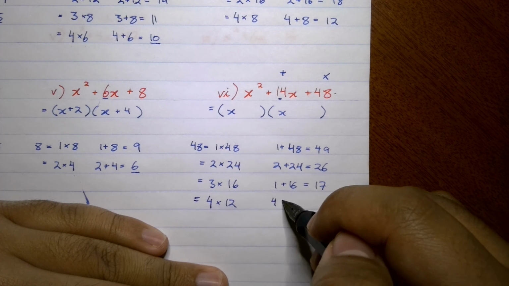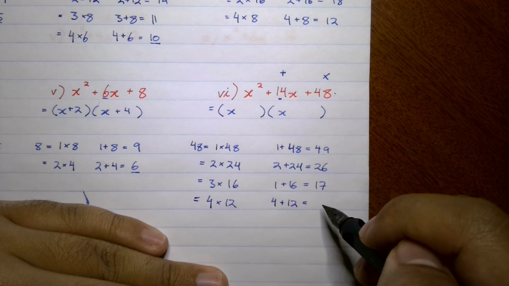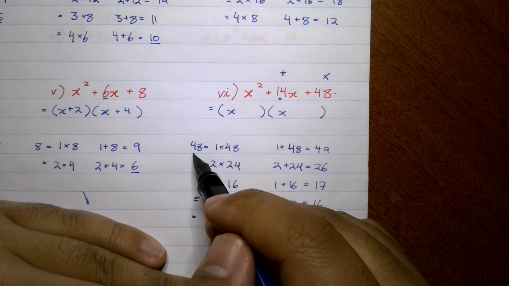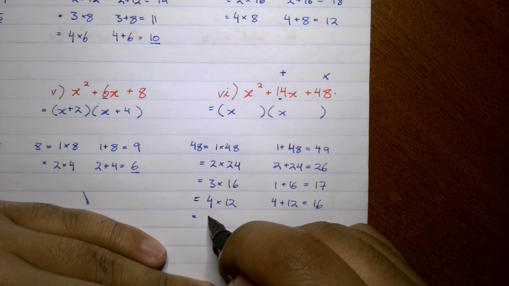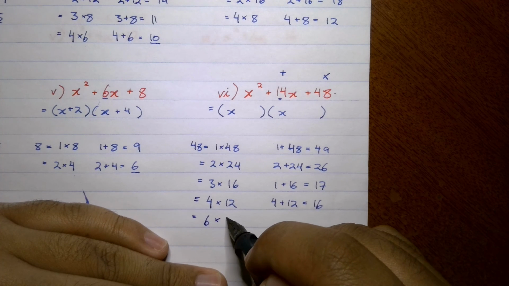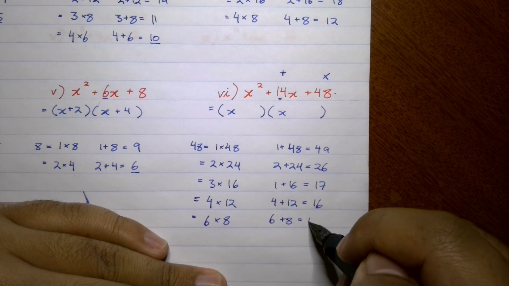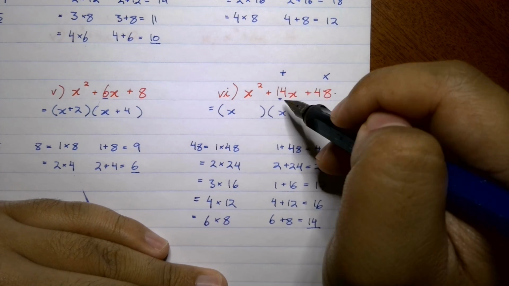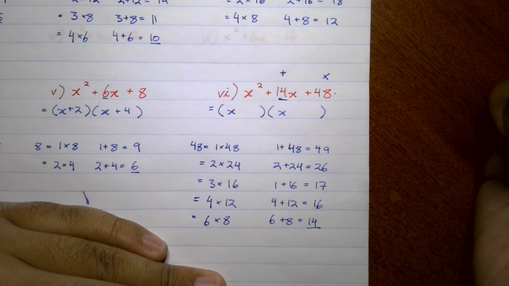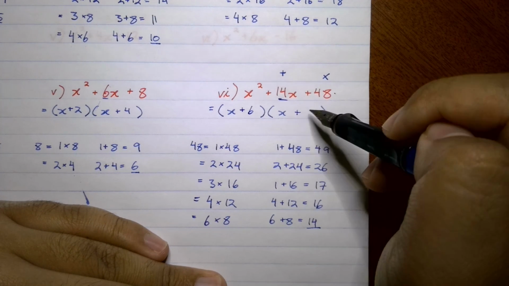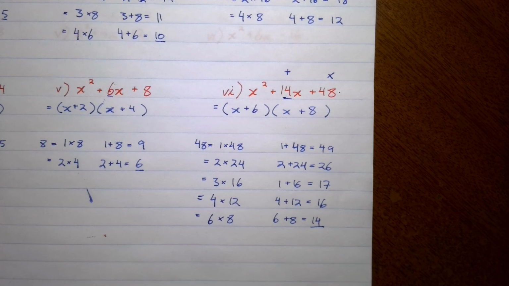That is 4 plus 12, that is 16. Still not what we're looking for. 5 doesn't work. Let's try 6 times 8. 6 plus 8, that is 14, which is what we're looking for. So the numbers that go into here are positive 6 and positive 8.